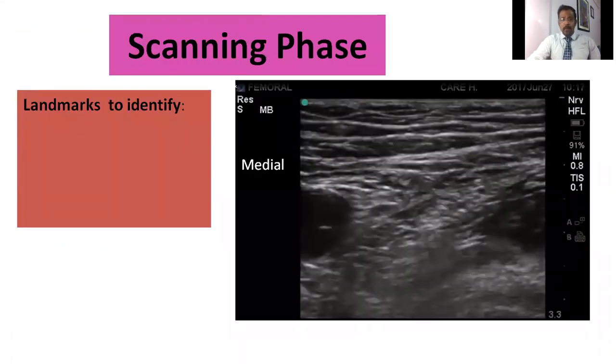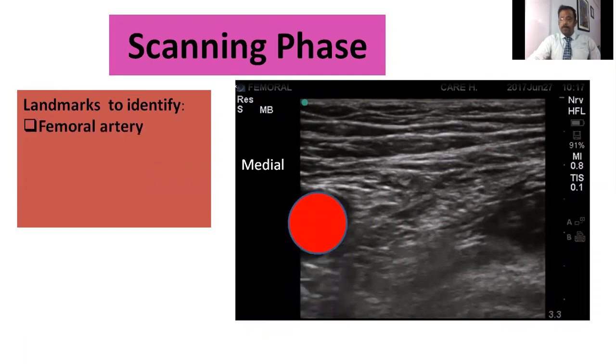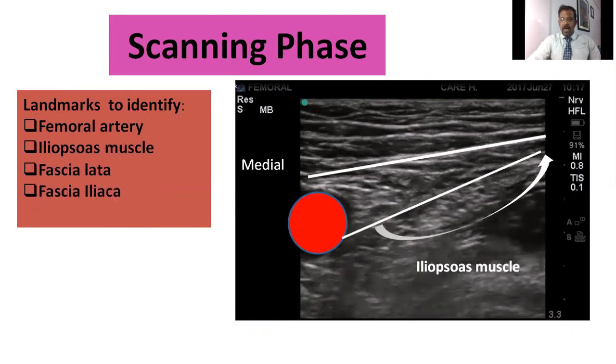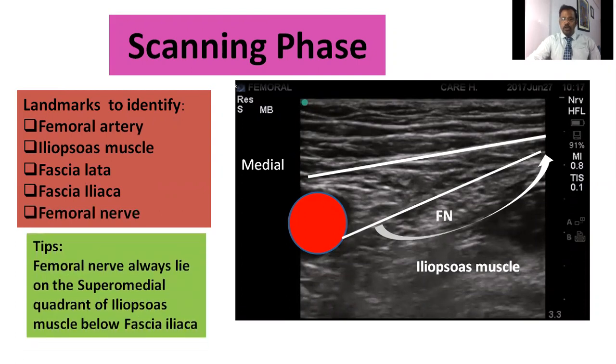And what are the landmarks to be identified? The femoral artery is the number one landmark, then the iliopsoas muscle, then fascia lata, fascia iliaca, and just sitting on the superior medial quadrant of the iliopsoas muscle, below the fascia iliaca, a flat nerve is present, which is the femoral nerve.